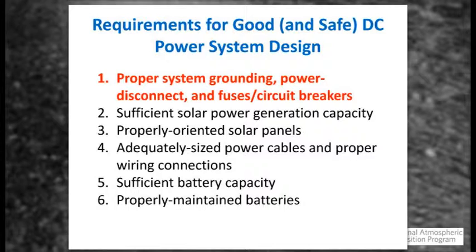That can cause actual problems and jeopardize the safety of the person working with that piece of equipment. Properly oriented solar panels, adequate sized power cables, and proper wiring connections. Want to make sure you have sufficient battery capacity and properly maintained batteries. These are going to be things that we all cover throughout our webinar this afternoon.